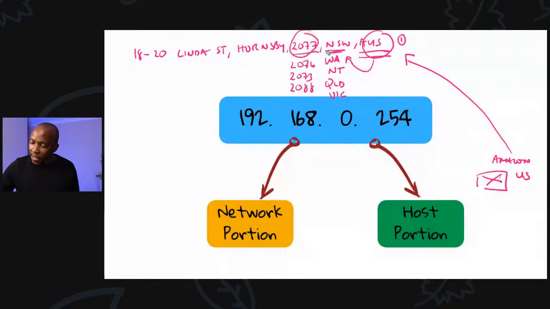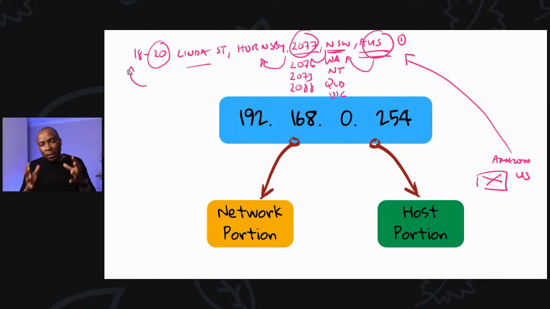Out of that, that packet is going to be sent into the postcode for 2077. And then when it gets to the postcode 2077, now it will be at the post office that is in my neighborhood. And from that post office, they would then send it to the respective suburb when they are sending the postman to deliver. And then from the suburb, the postman then finds the street, which leads to the house number, which leads to the unit, which is unit number 18.